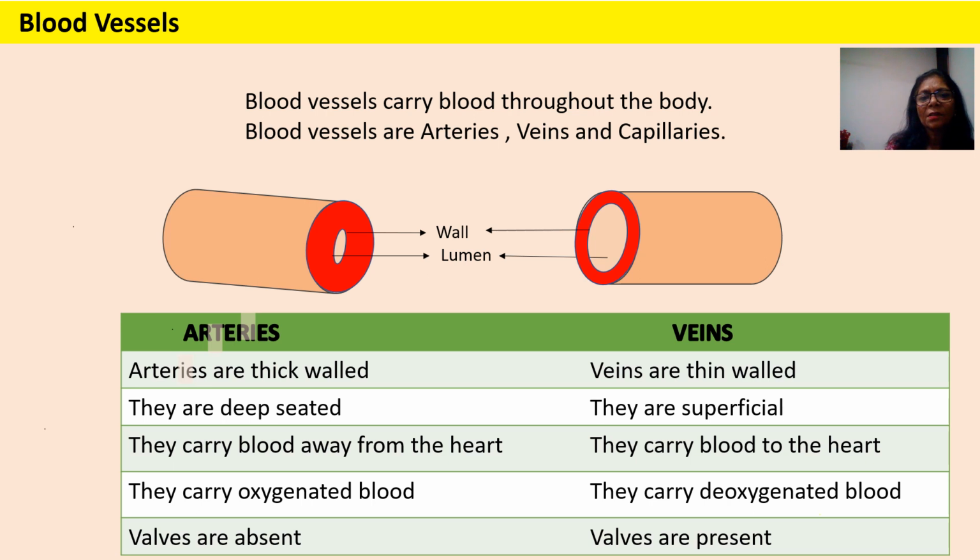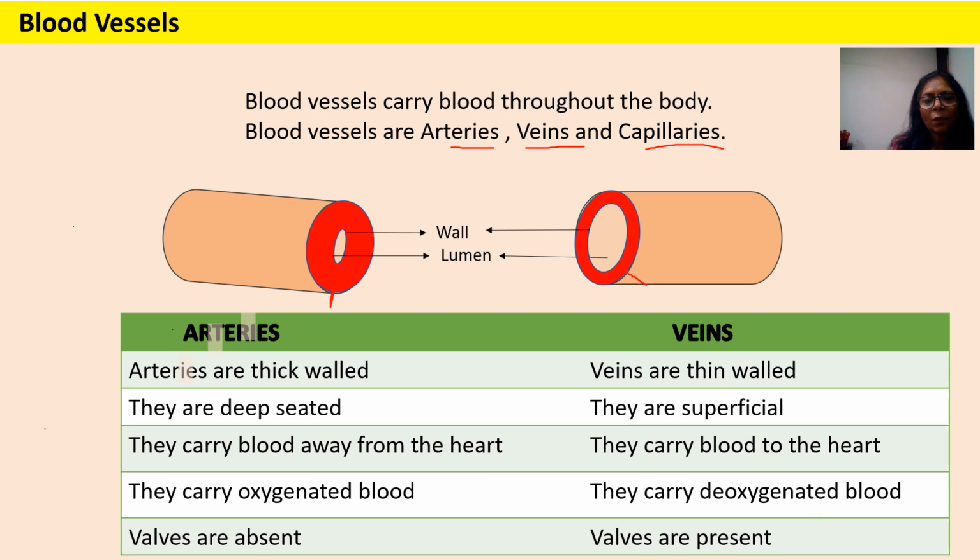Let us study the blood vessels which carry blood in the body. Blood vessels are arteries, veins, and capillaries. All the three carry blood, but there are slight differences in their structure. Let us see the differences. Arteries, as you can see here, have thick walls. The walls are thick compared to the walls of veins.